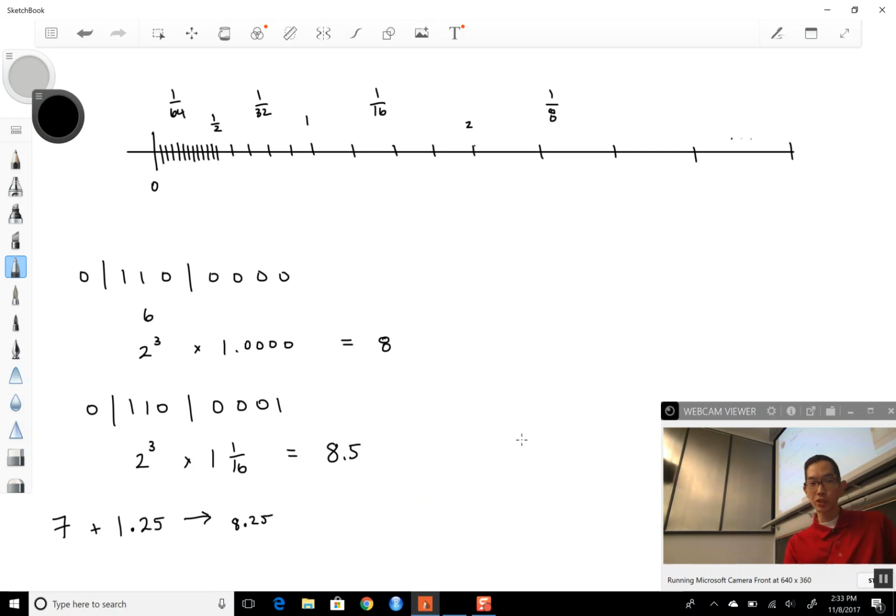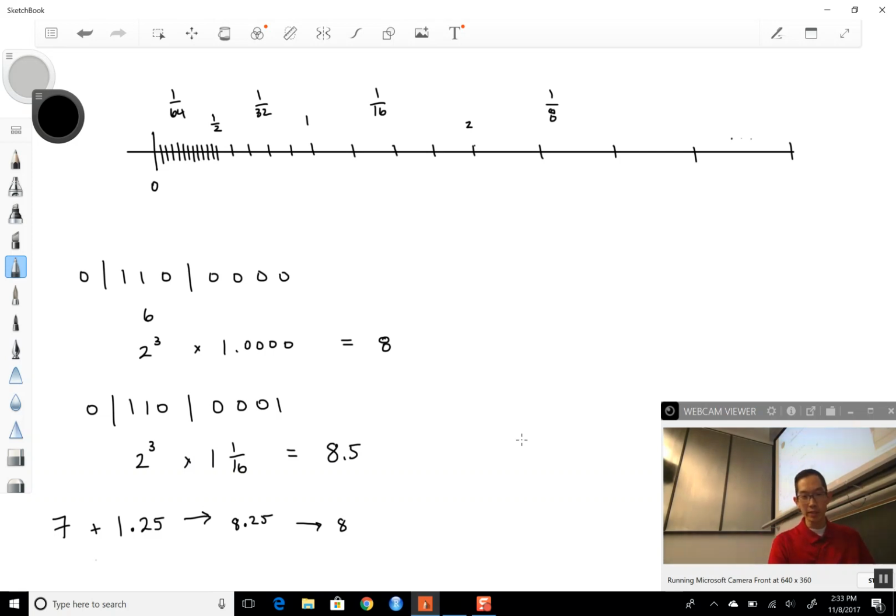Now we have to store this somehow, and so the system is going to say, maybe I'll store it as 8, or as 8.5 or something like that. And then later on you ask, what is 8.25? Based on the rules, it might round up or round down.